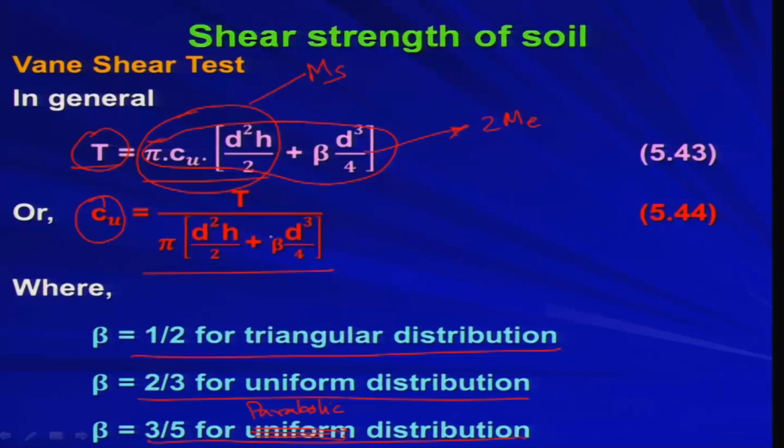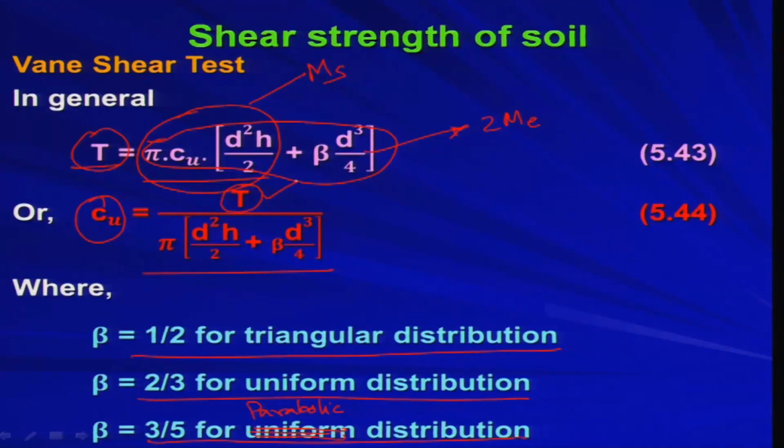If you say that you will consider triangular distribution, then in place of beta you put half and you calculate Cu, because T you are measuring, right. You are giving the torque with the help of some motorized mechanism. From that mechanism you can measure the torque applied on the torque rod, so you can record the magnitude of T. D and H are the geometrical parameters of your vanes.